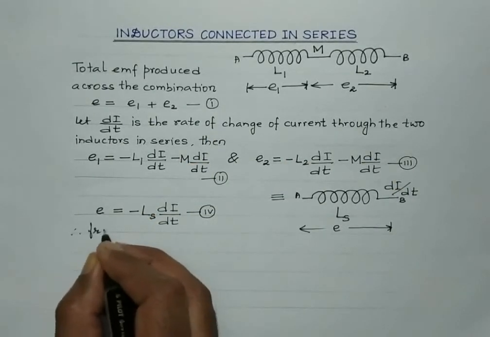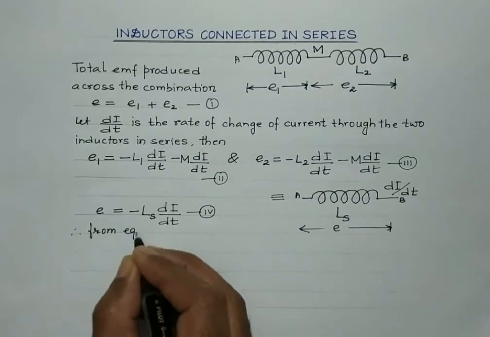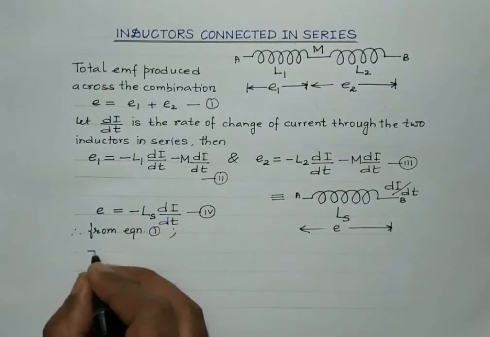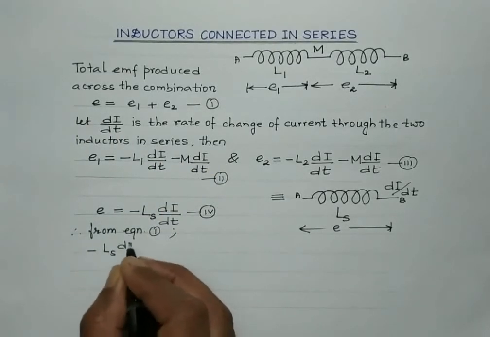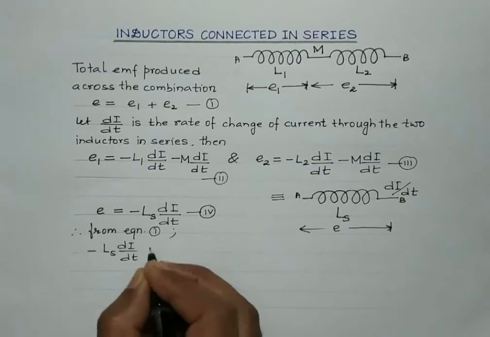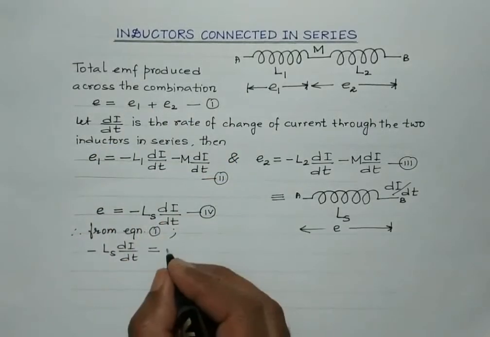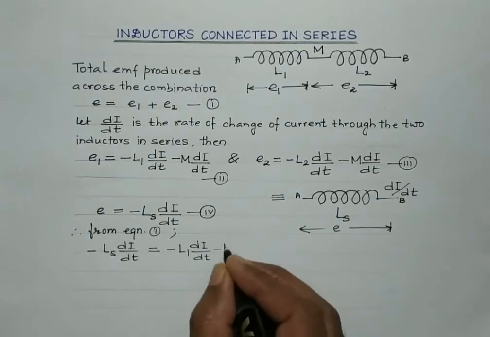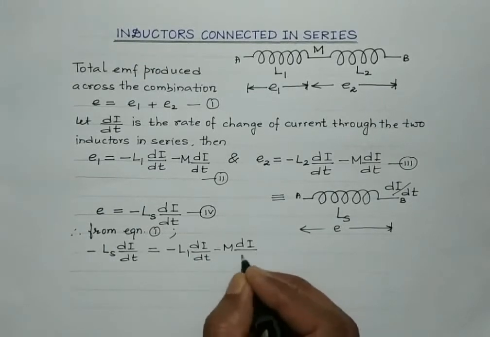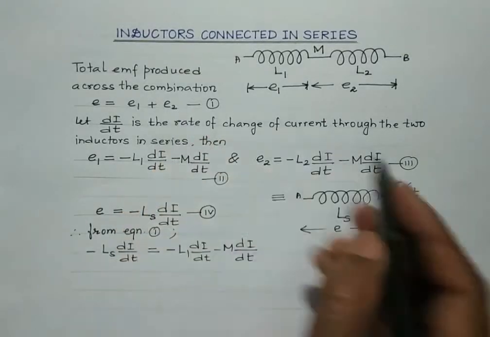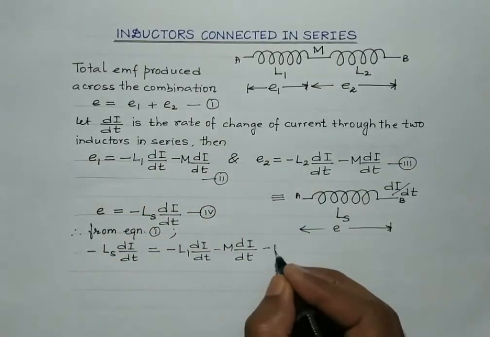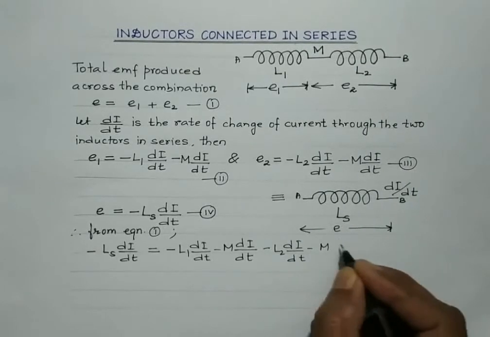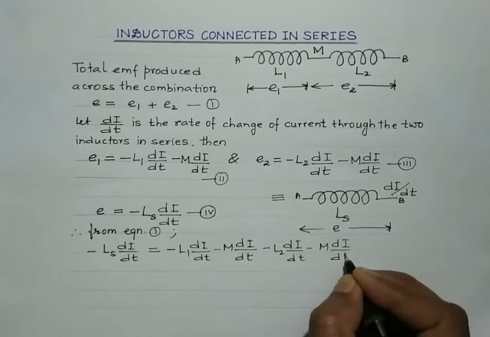Therefore, from equation 1, what we get is E, let's substitute the value, minus Ls di by dt is equal to E1, it is minus L1 di by dt minus M di by dt, right? Plus E2. E2 is minus L2 di by dt minus M di by dt.